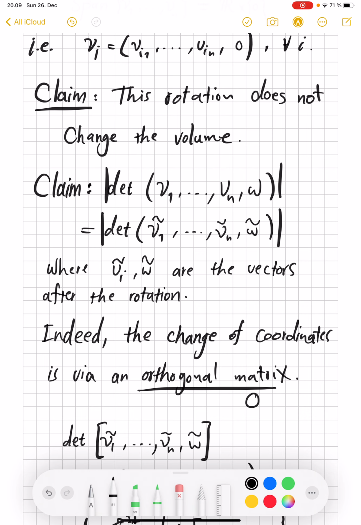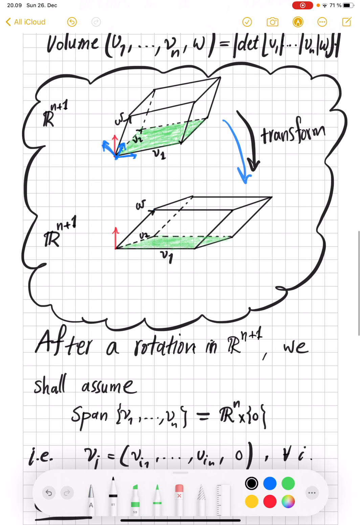Okay, so the two claims together show that when I go from this picture into the next picture, nothing has changed. The determinant remains the same and the volume remains the same. So it is enough to prove the claim for this picture.